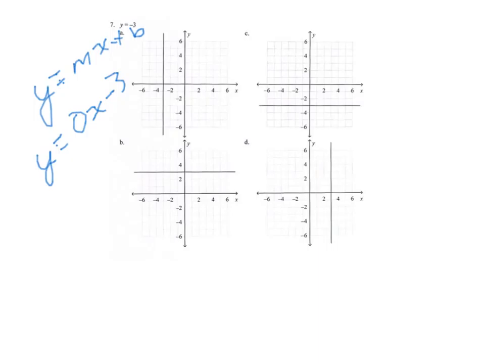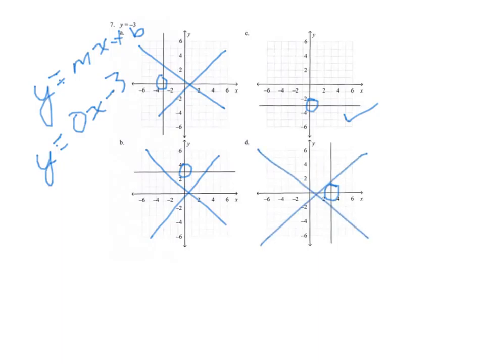Well, this is an x-intercept of negative 3, so A doesn't work. B, I have a y-intercept of positive 3. That doesn't work. Here I have a y-intercept of negative 3, so that's a possibility. And here I have an x-intercept of positive 3, so that doesn't work. So I can pretty much eliminate everything, and the correct answer is C.